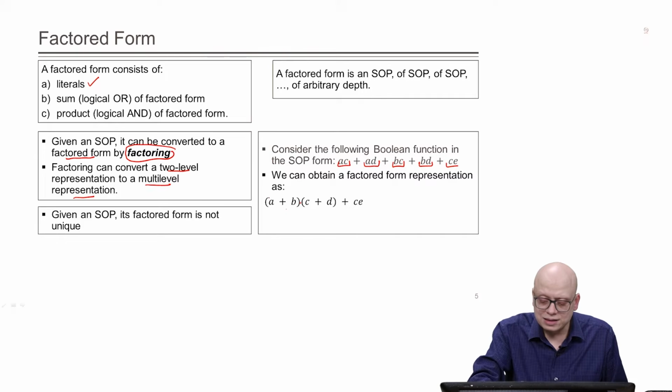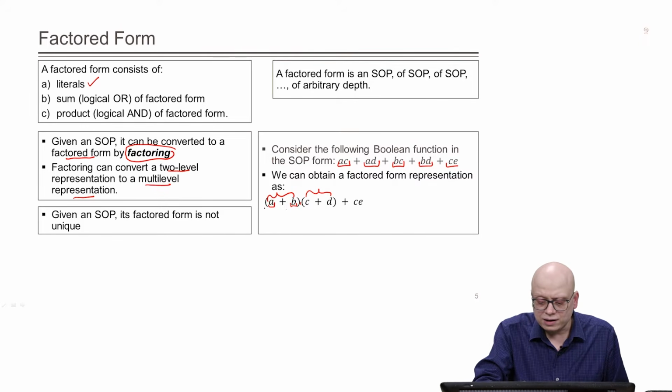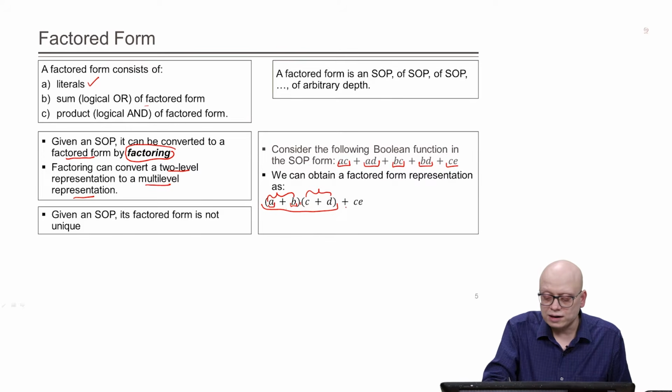So, we can consider this as an SOP. It is sum of product, in which the product terms are simple literals, right, and this is another sum of product, right, and then we are taking an AND of it, right, and then we got a factored form, and then we take an OR of it and get another factored form.